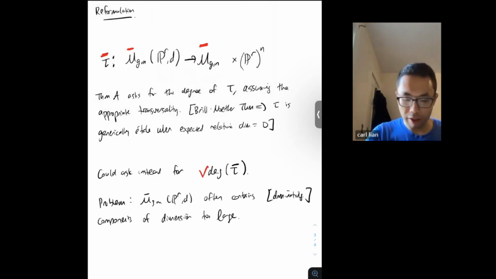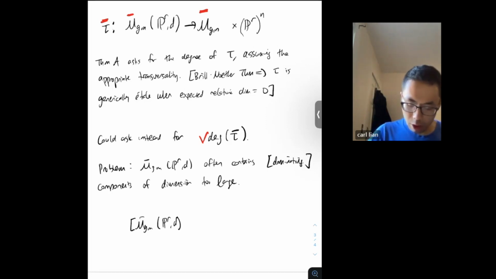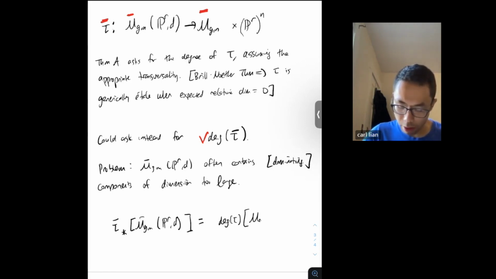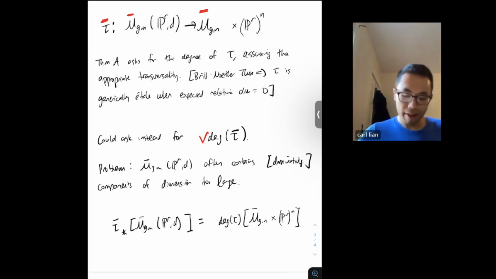So if I were asking for the degree, I would try to take the push forward of the fundamental class, and then I would get some multiple downstairs of the fundamental class. And of course, this doesn't make sense, because the fundamental class lives in a dimension that's too large, so I'm just going to get 0.